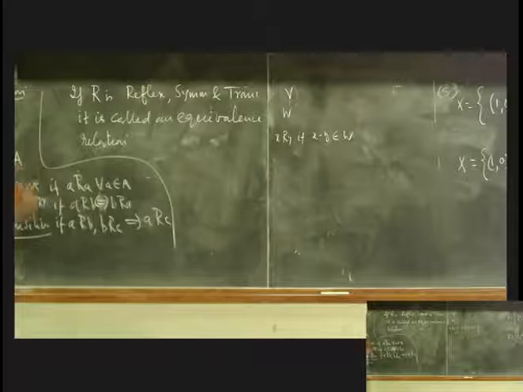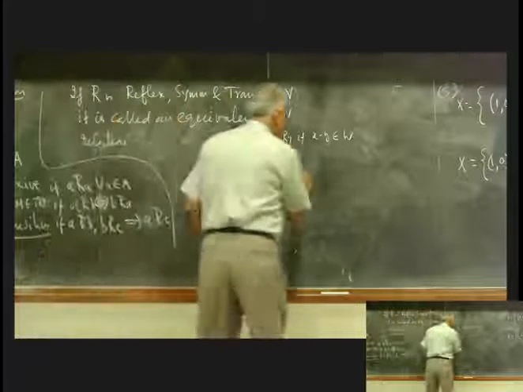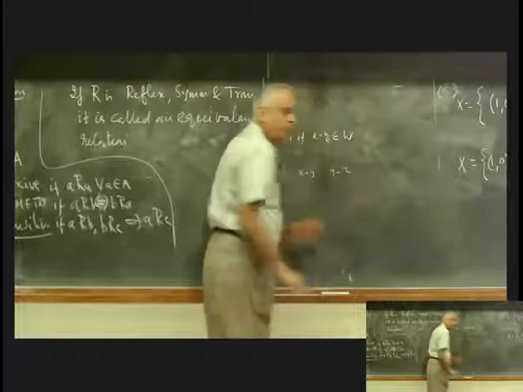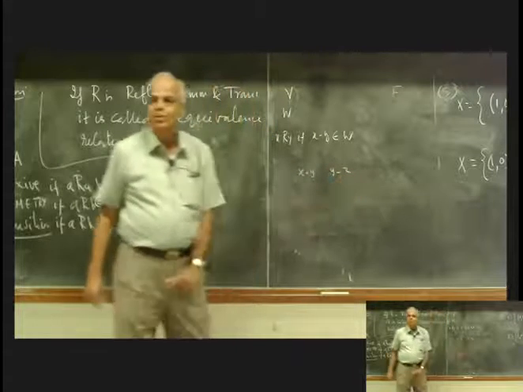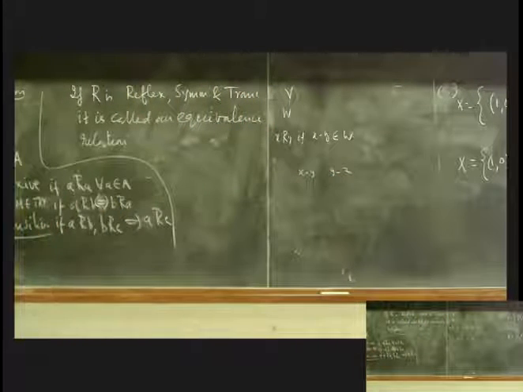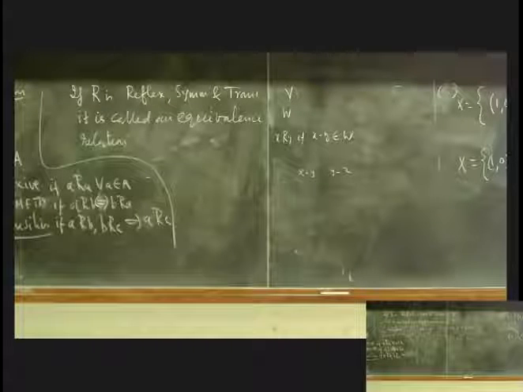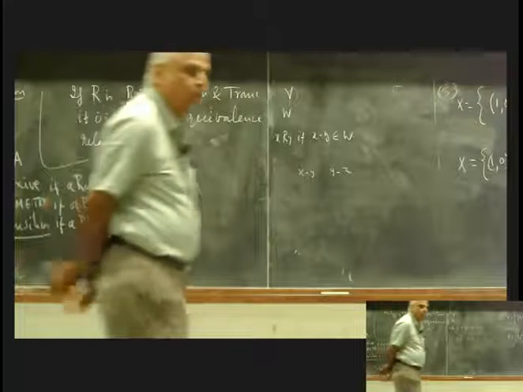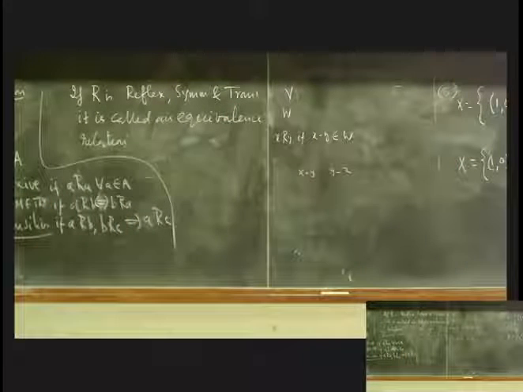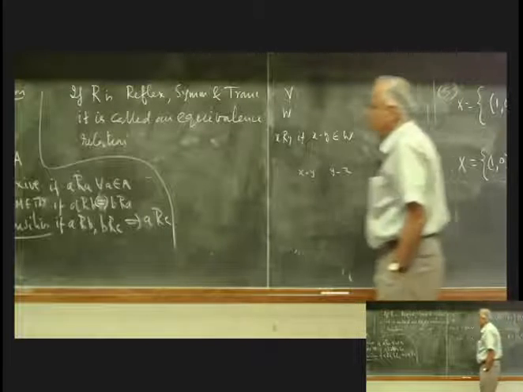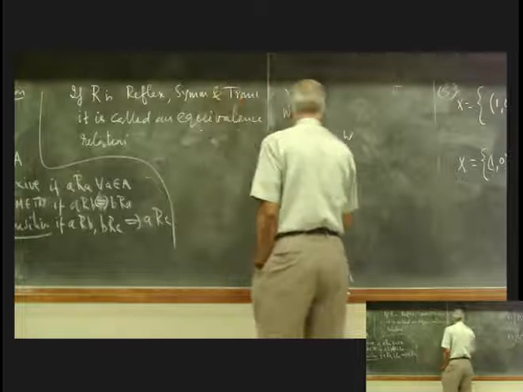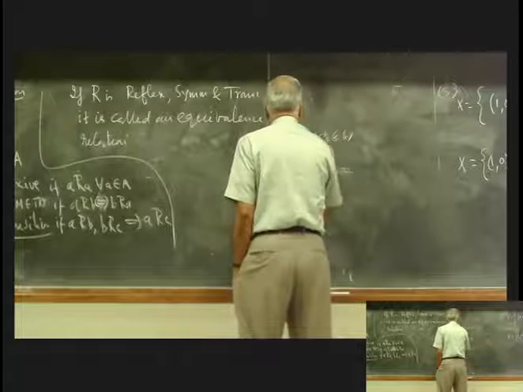So it is symmetric. And if X minus Y belongs to W and Y minus Z belongs to W, that sum also belongs to W. So X minus Z belongs to W. So we use the fact that the zero vector belongs to W, that W is closed under scalar multiplication, and that W is closed under addition. So the power of subspace is completely used, not even one thing is missed. Okay. So this is an equivalence relation.